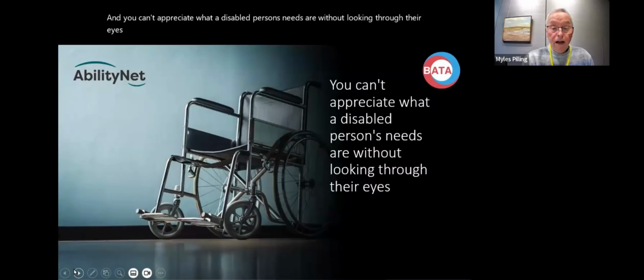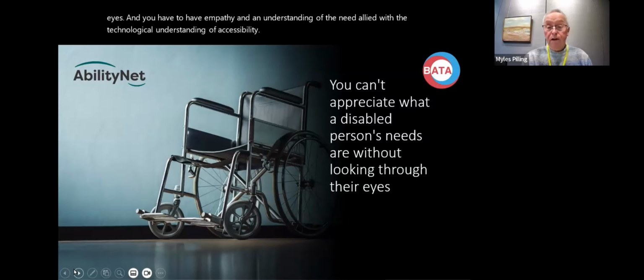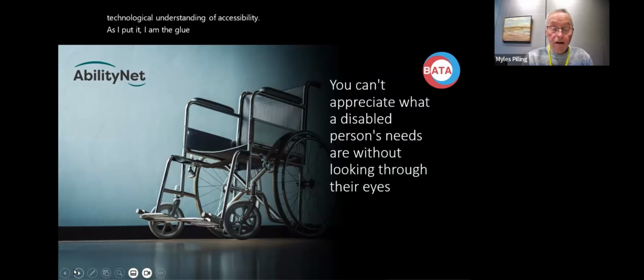And you have to have empathy and an understanding of the need allied with the technological understanding of accessibility. As I put it, I'm the glue between the client and the technology, which is really important. So I think that is an essential component to this.